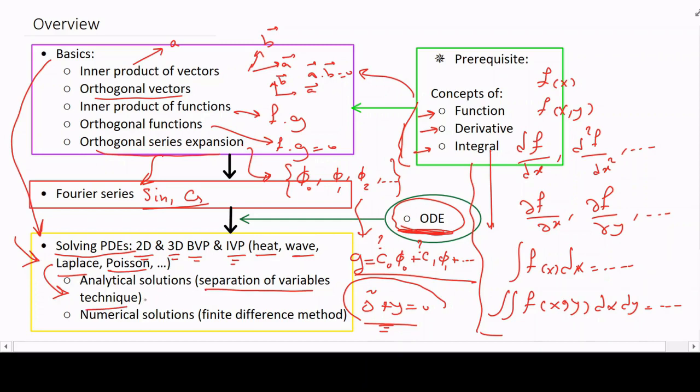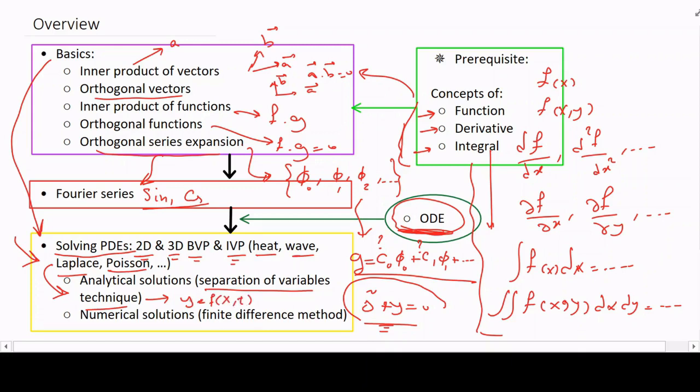And the very unique feature of these techniques is that it allows you to find the solution as a closed form, which means, for example, y can be written as a function of, let's say, x and t.